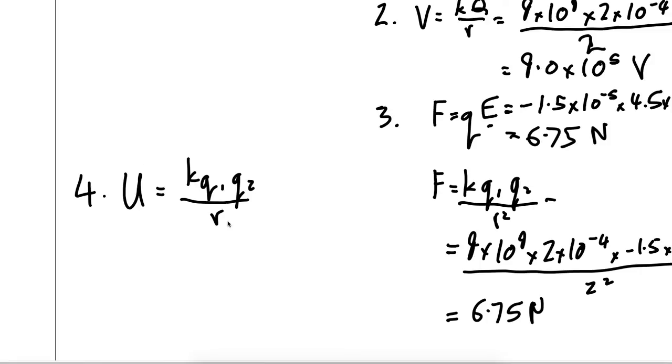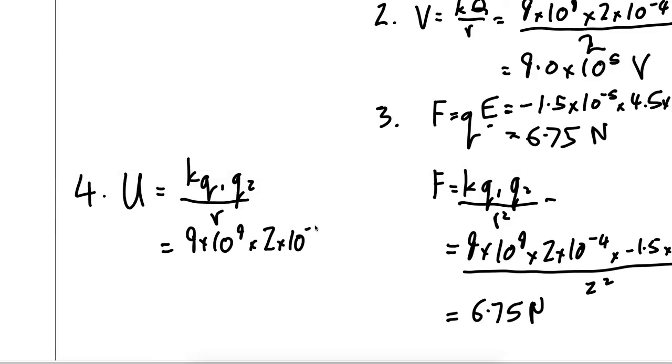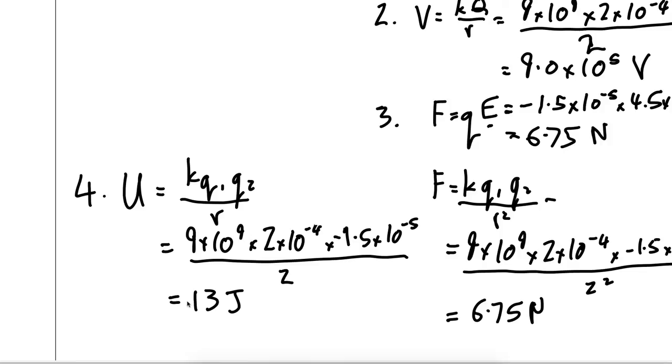When we're using energy, falls away as R. So equals 9 by 10 to the 9 times 2 by 10 to the minus 4. Oops, that's an error. 2 by 10 to the minus 4 times minus 1.5 by 10 to the minus 5 over 2, and that's going to equal minus 13 joule, because remember we had a minus sign in there that wasn't cancelled by anything.